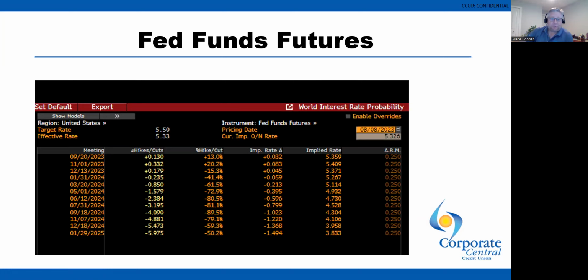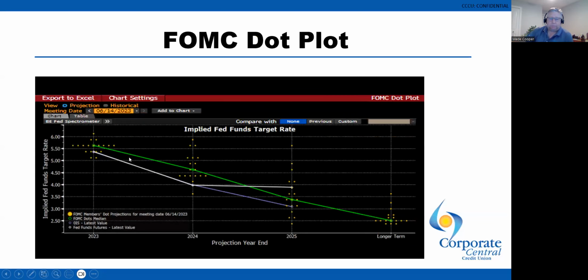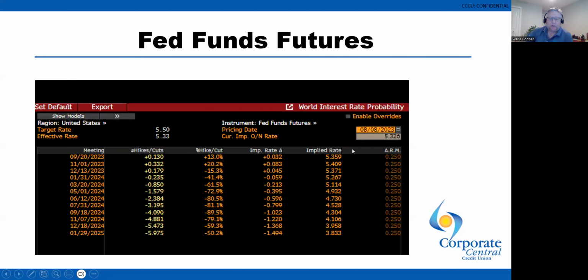Fed funds futures. This is the data that the Fed funds futures are using. This would be the white line. This is the data from the white line. We're at 5.3 roughly now.